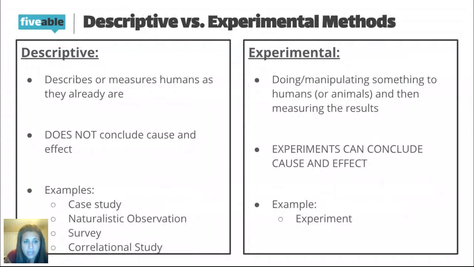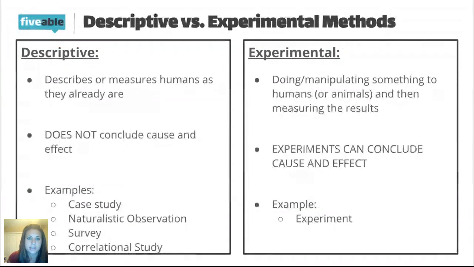The big thing here, and this is how they're probably going to trick you on a question, maybe on the AP test, is that if we're using descriptive methods, we cannot conclude cause and effect. We might be able to say, oh, it seems like there's a relationship here, or I bet these two things are related, but without conducting an actual experiment, I cannot for certain conclude cause and effect.